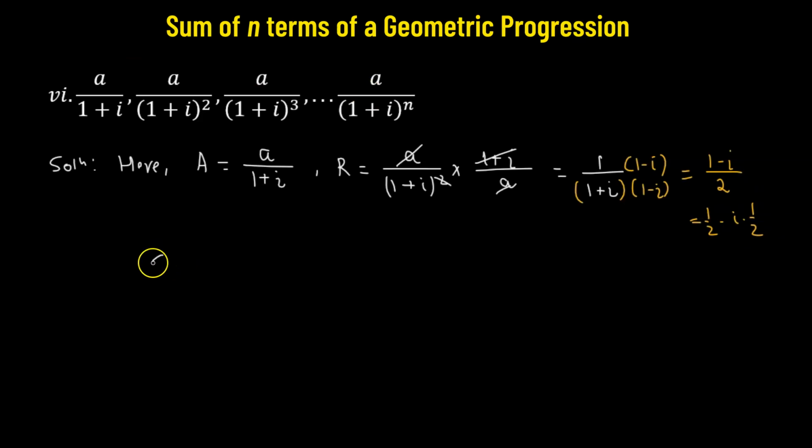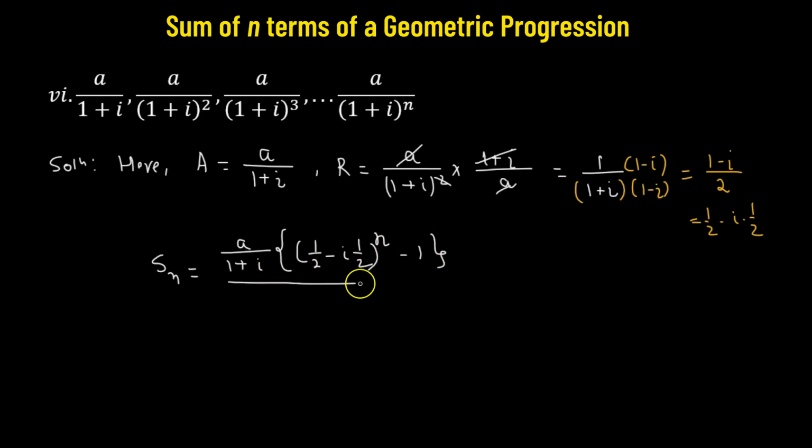So let's find out the sum. So the sum up to n terms is going to be the first term. So our first term is a divided by 1 plus iota multiplied to, so we'll take (half minus iota times half) whole raised to the power of n minus 1 divided by the common ratio minus 1, which is half minus iota times half minus 1.